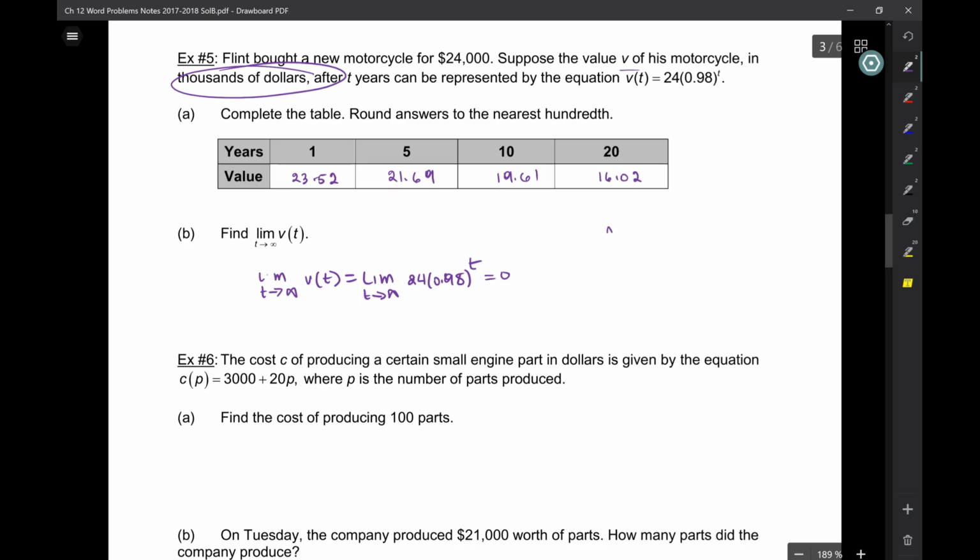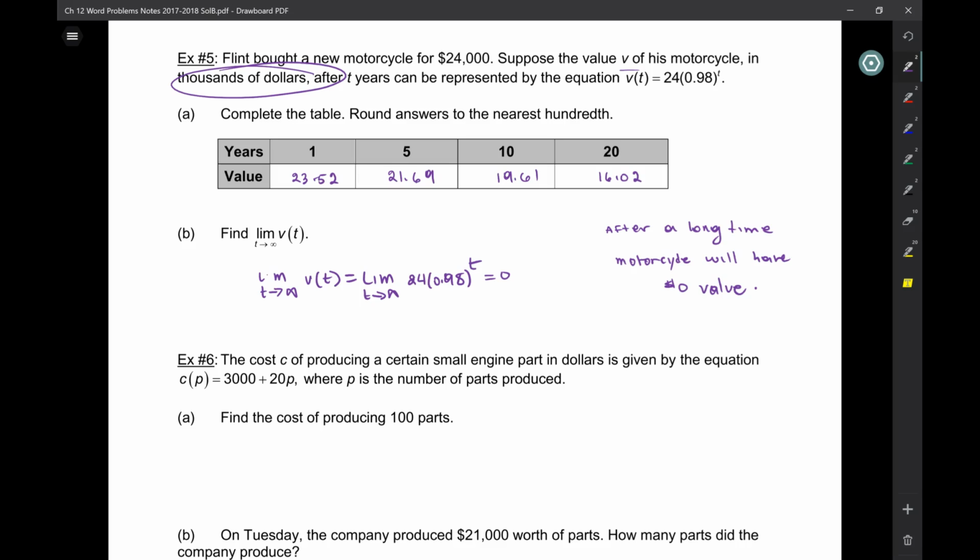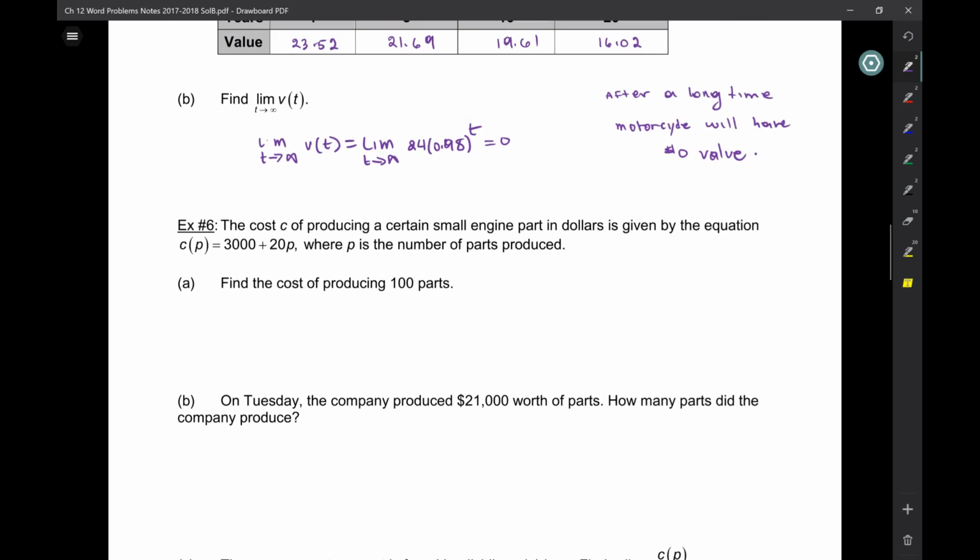So after a long time, the motorcycle is, well, let's not say it's worth nothing. Let's say it will have $0 value, right?